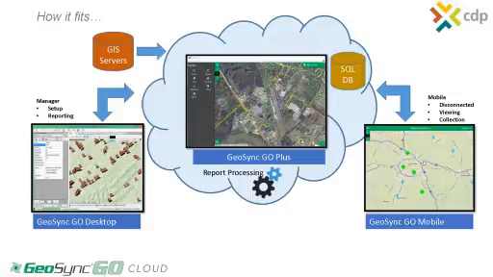GeoSync Go Mobile is also still in the mix, and it still provides an excellent application for disconnected viewing and data collection. So when you don't have access to high-speed internet, or you want a lower cost solution, or you have a tablet that you don't want to have a data plan with, you can still take the data, sync it to GeoSync Go Mobile, and use it in the field for viewing and collecting data, and all that information is going to come back together and be accessible from GeoSync Go Plus.